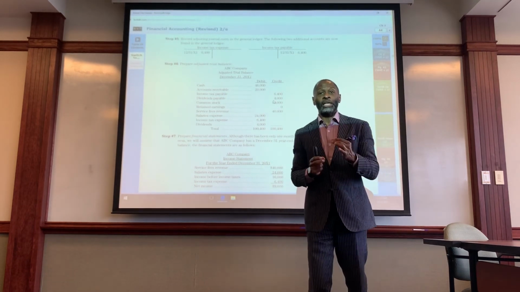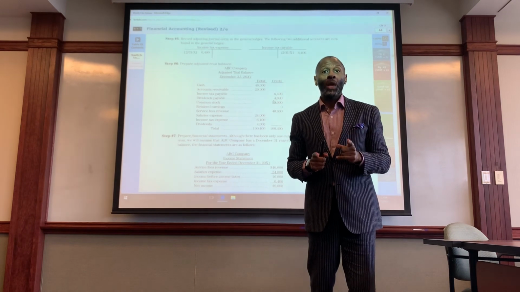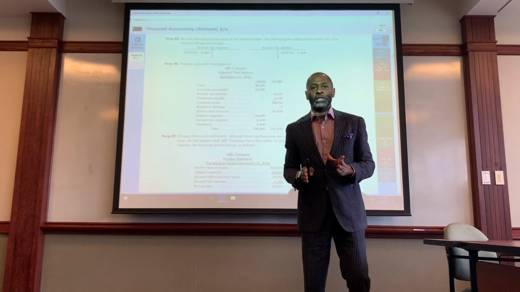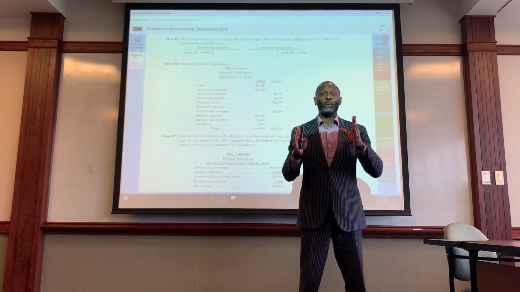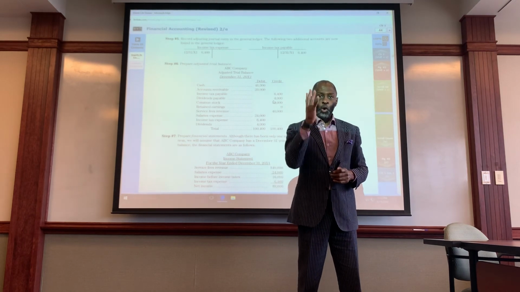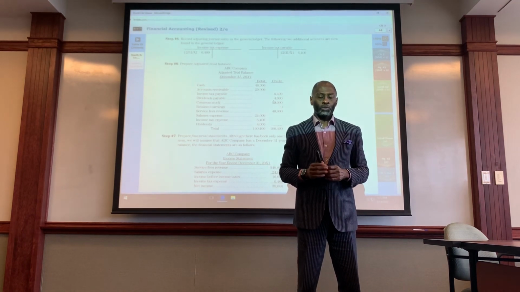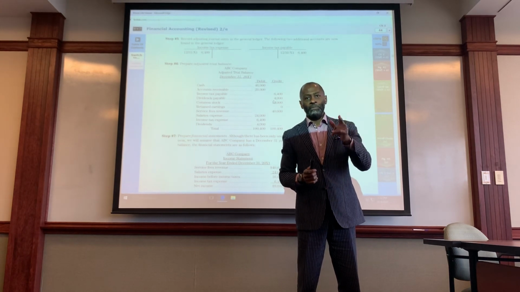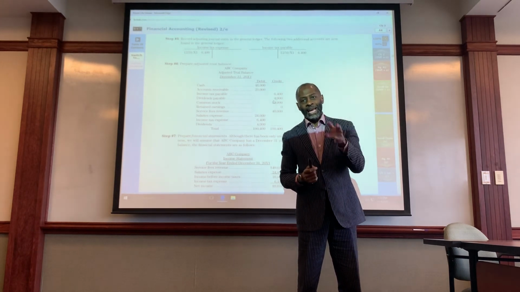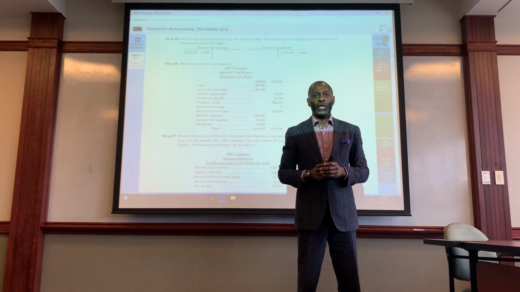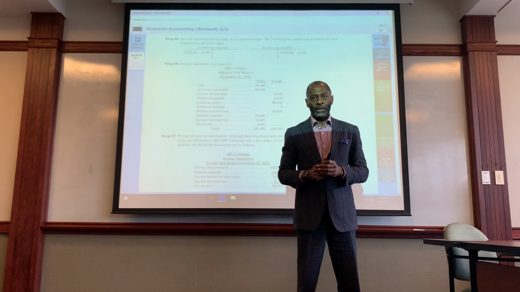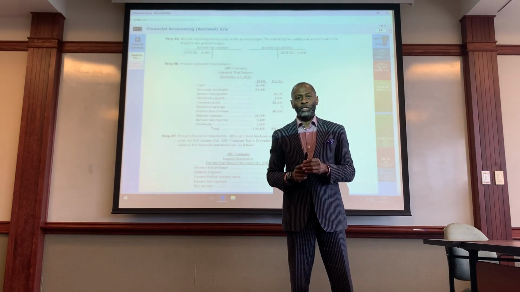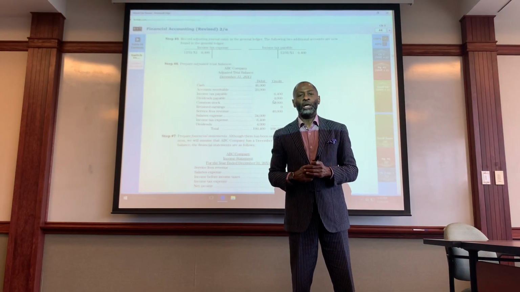That is the distinct difference between the two. After you've completed your adjusted trial balance, you're ready to prepare the 4 financial statements. What are they? Statement of retained earnings, statement of cash flow, statement of financial position or balance sheet, statement of activities or income statement. Those 4 statements come right after you've completed your adjusted trial balance.